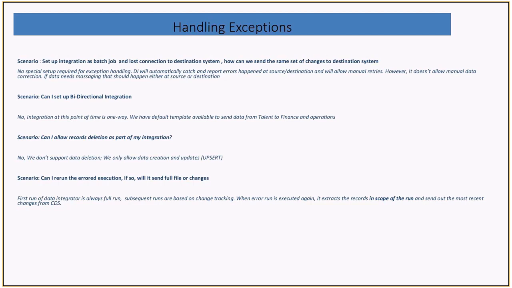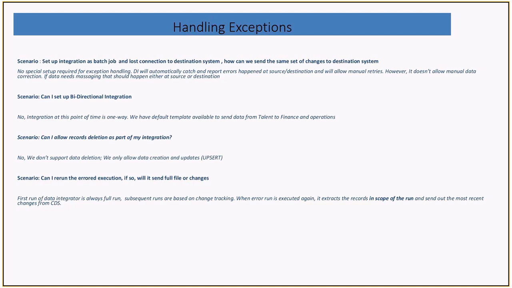Another scenario is, can you rerun the errored executions? And if so, will it send the full file or only changes? Maybe I didn't touch too much on the execution mechanism, but the idea is when you run the project for the first time, whether you do that manually or through the automation, it will send everything.